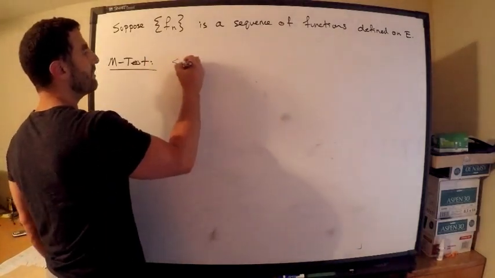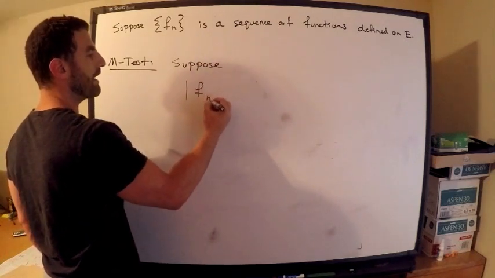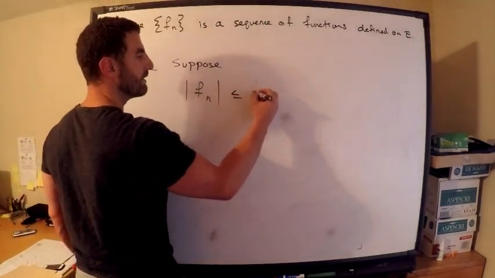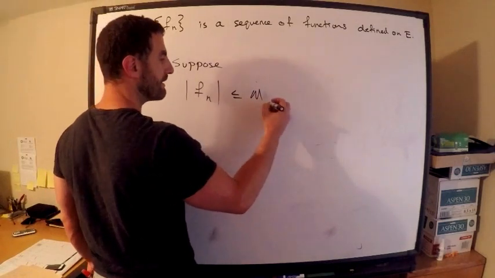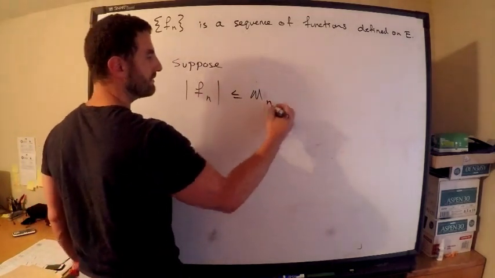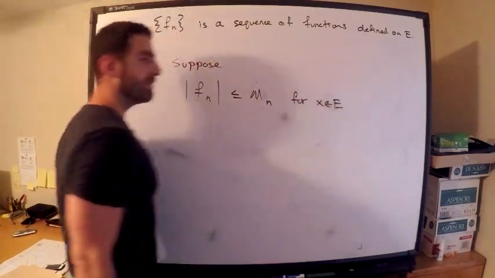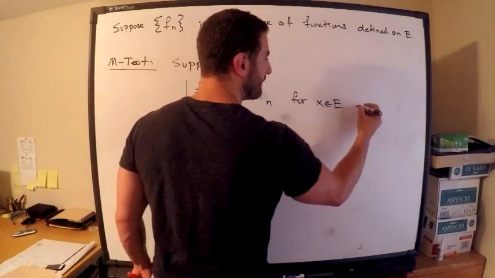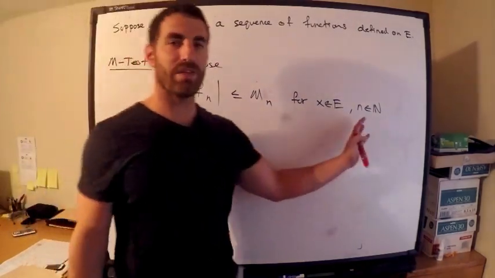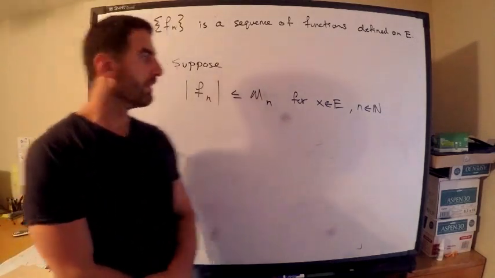Suppose we have the situation that the absolute value of each term in my sequence of functions is bounded by some, let's use n, M_n, for x in whatever my underlying space is, here I called it E, and n in N. By the way, this inequality may fail for a finite number of values, but as long as it holds for all but finitely many, we're good to go. Okay?